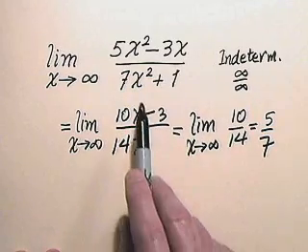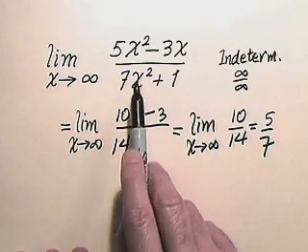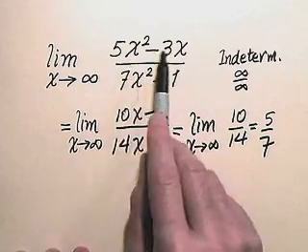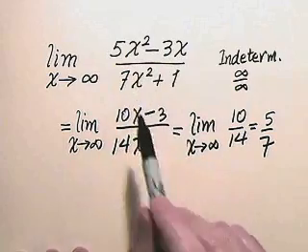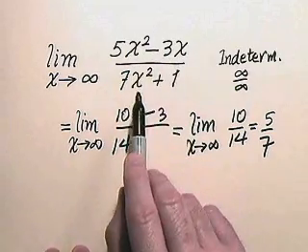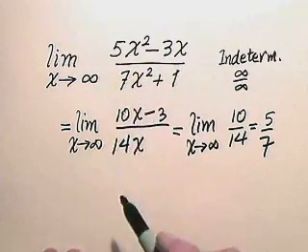Now what about using our original methods in this case? When you see a rational function like this, what you do is look for the highest power of x and divide every term by that power of x. In this case, it's x squared.